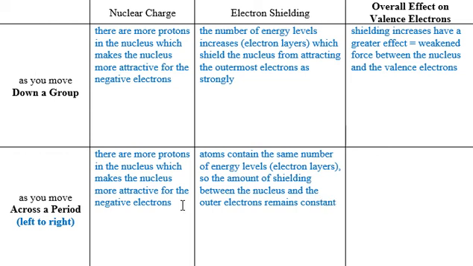If we're looking at those two changes, really we only have one change. We're increasing the number of protons as you move across the period, but they're not gaining any more layers. So the increase in protons is really the only change.